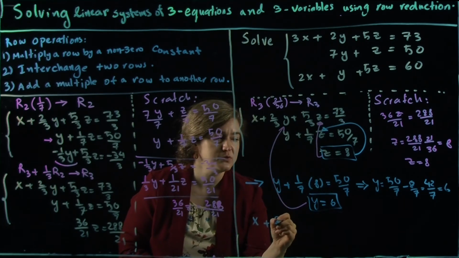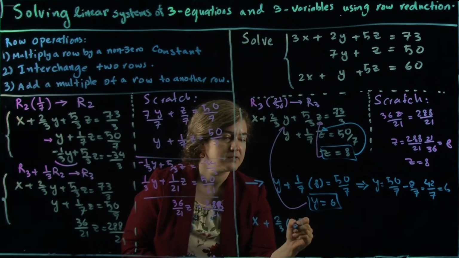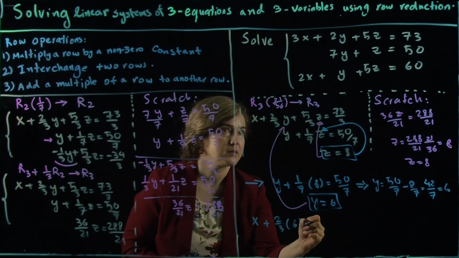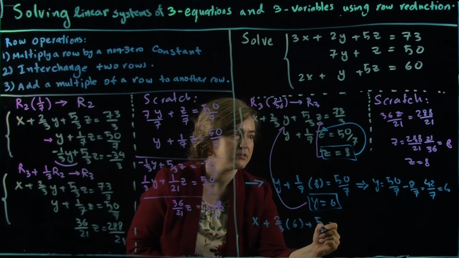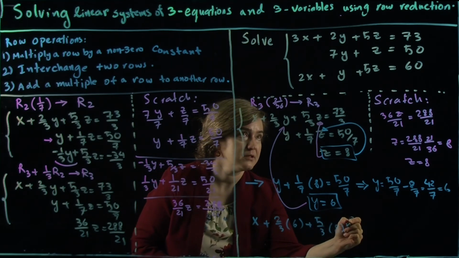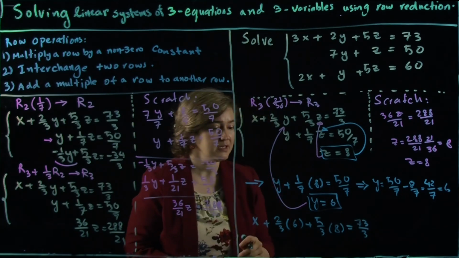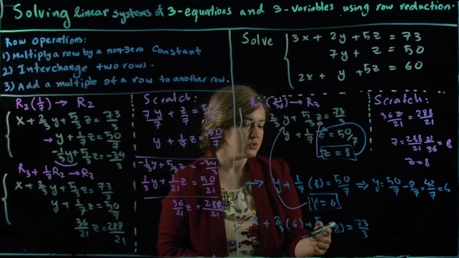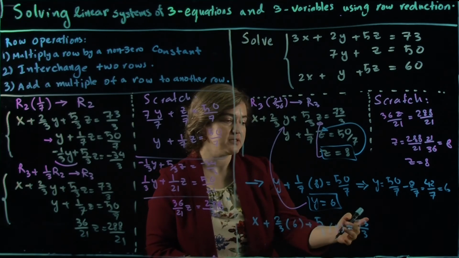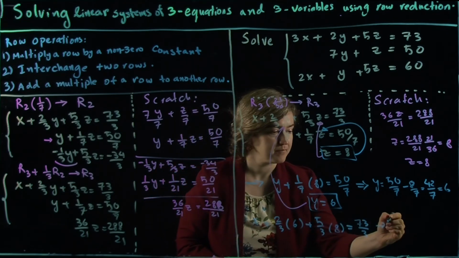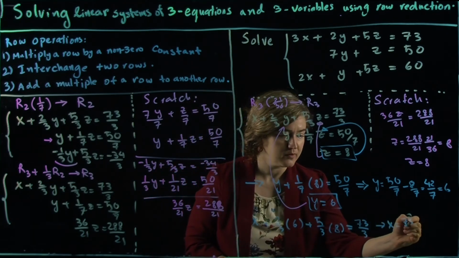So x plus 2/3 of 6 plus 5/3 of 8 is equal to 73 divided by 3.